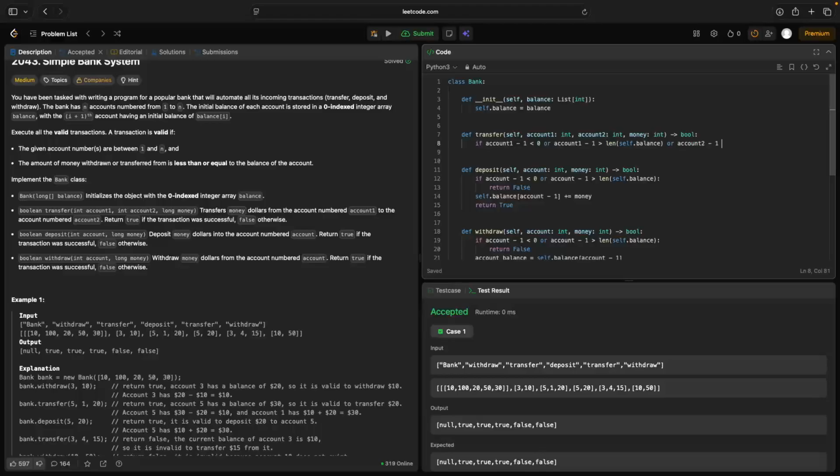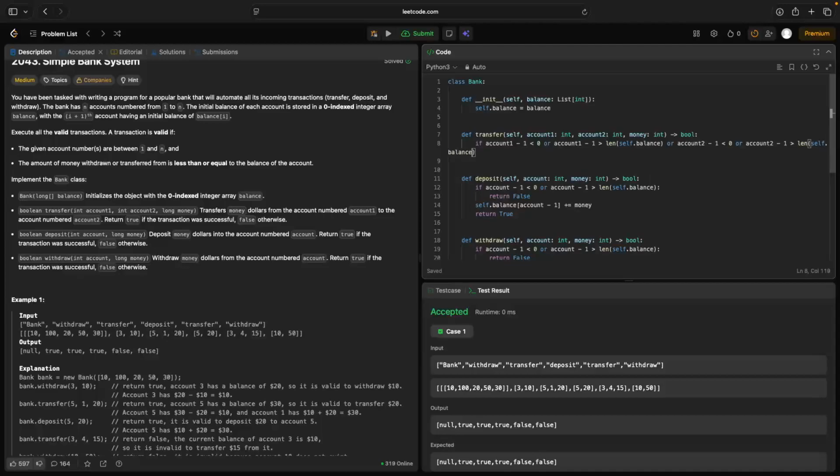So if account 1 minus 1 is less than 0, or account 2 minus 1 is greater than the length of self.balance.